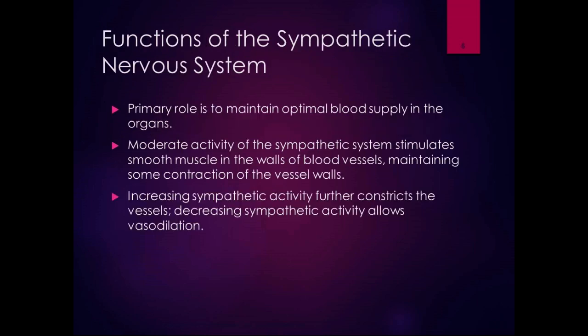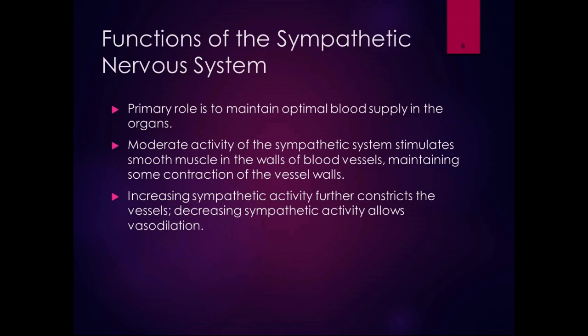The primary role of the sympathetic nervous system is to maintain optimal blood supply in the organs. So there is moderate activity of the sympathetic system going on all the time to stimulate the smooth muscle in the walls of blood vessels, maintaining some contraction of the vessel walls. So that's kind of maintaining our blood pressure.